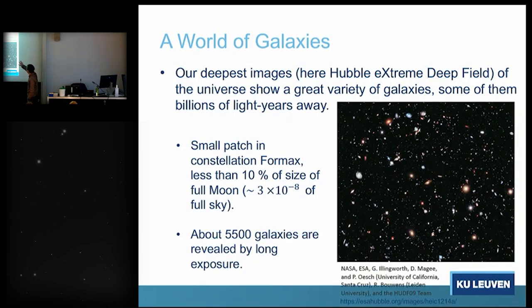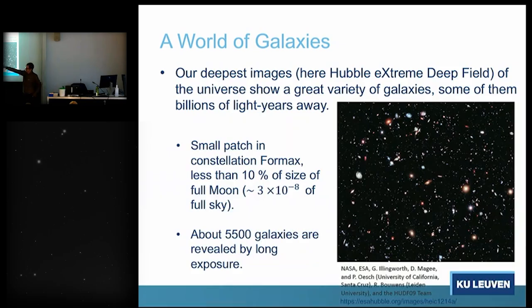Here is now one of the deepest images. This is from the Hubble Extreme Deep Field of the universe, and it shows what happens when you take your telescopes and look at a small patch. In this case, it's about 10% of the size of a full moon, so a very small portion of the full sky around us.